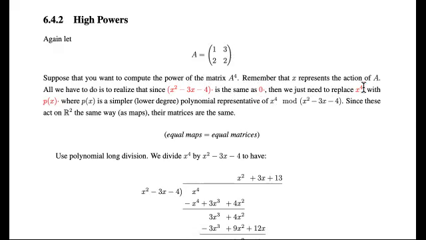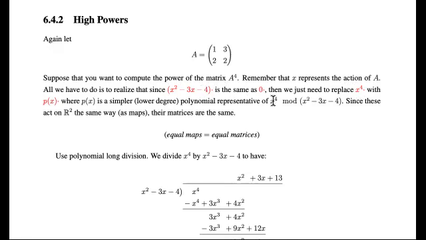X to the fourth is a polynomial, and x squared minus 3x minus 4 behaves like zero, and the idea of making that behave like zero preserves operations, which means it's like modding. So really, in order to compute x to the fourth, all we need to do to make it simpler on ourselves is to take x to the fourth mod that polynomial, and the result will be the same.